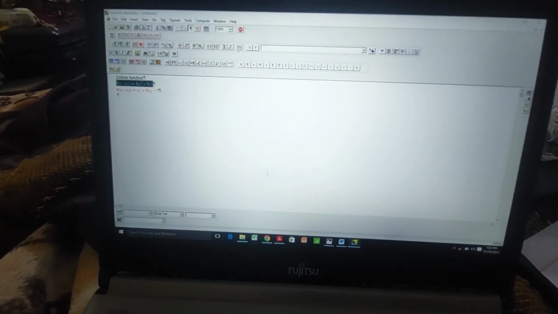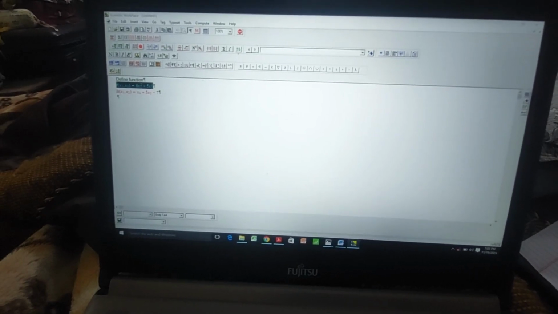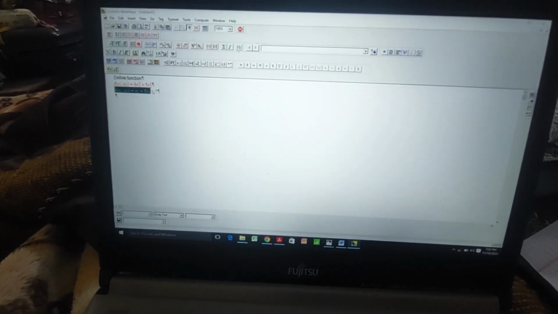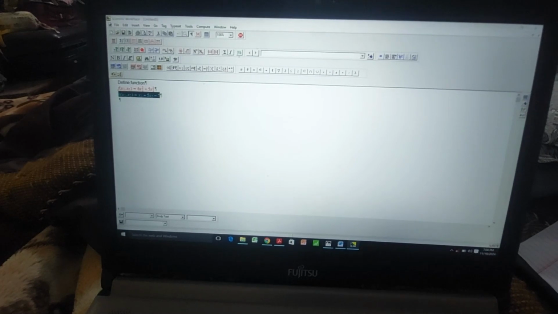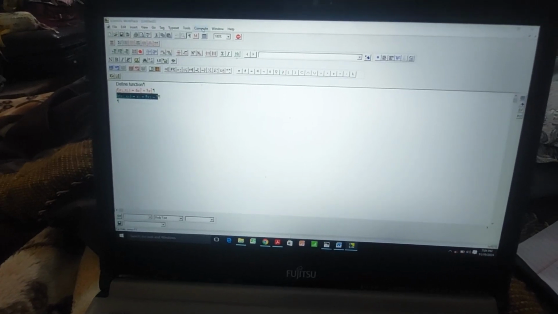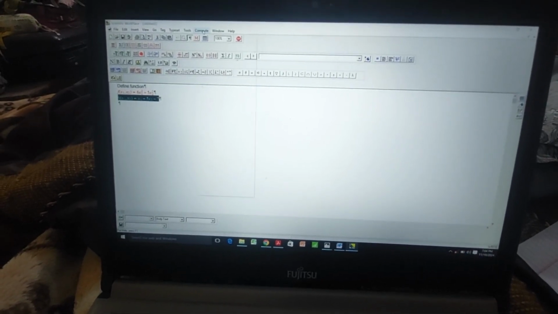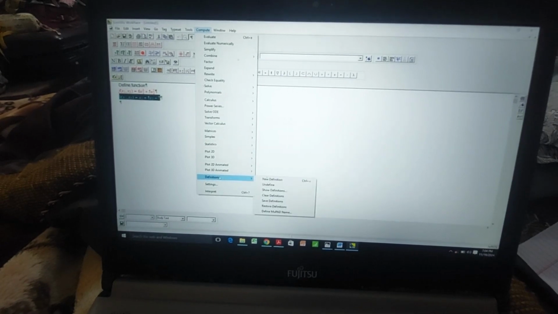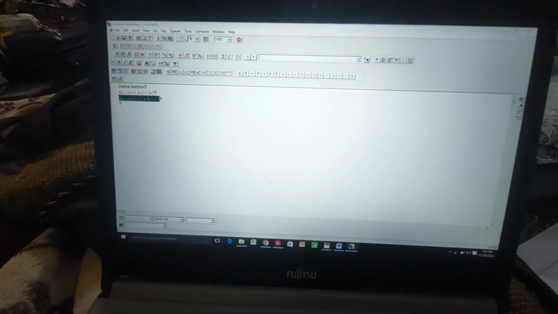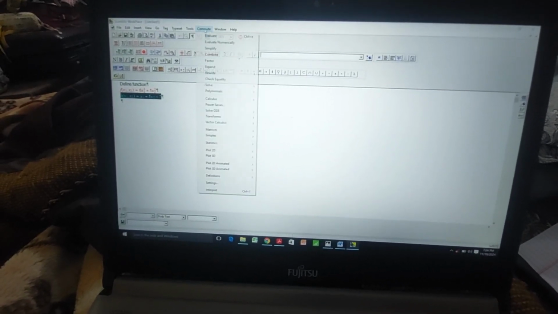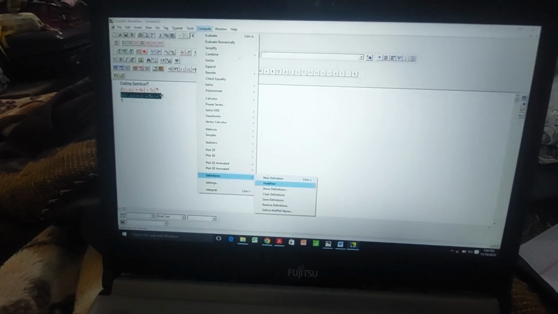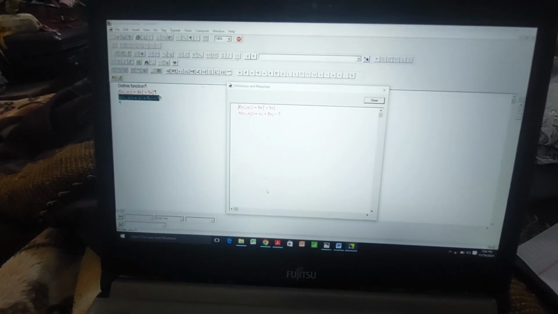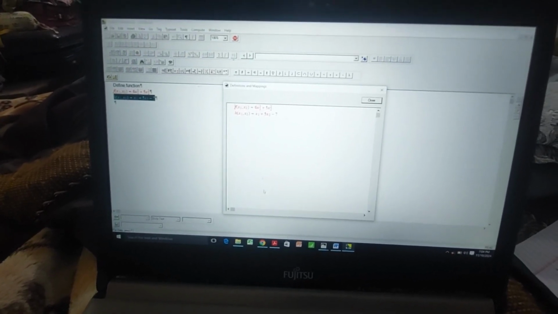Now the first function is defined. Now I need to define the second function also, which is h of x1 x2, the constraint function. Let's see whether they are introduced or not. I will say Show Definitions, and it is showing both of the definitions.